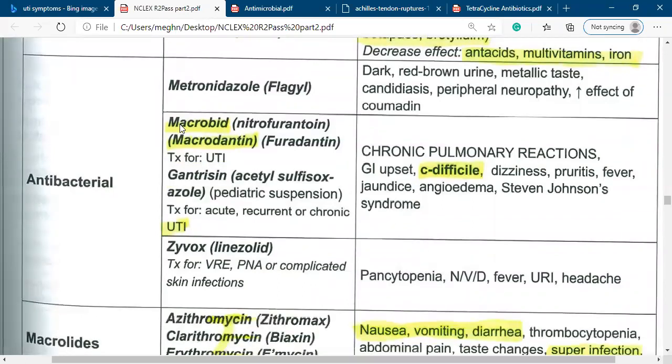Another medication we use is called nitrofurantoin, or Macrobid, or Macrodantin. Both of them are used to treat urinary tract infection.